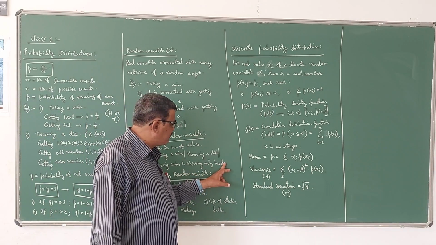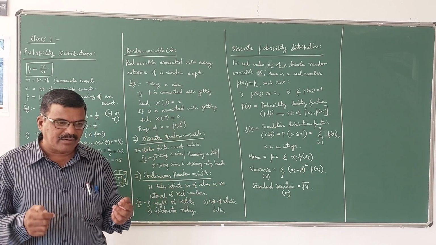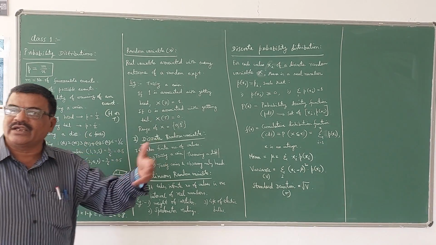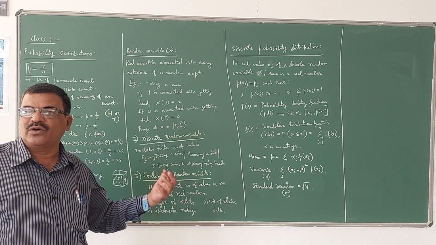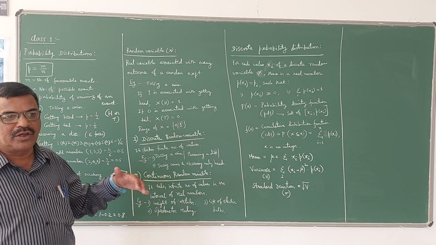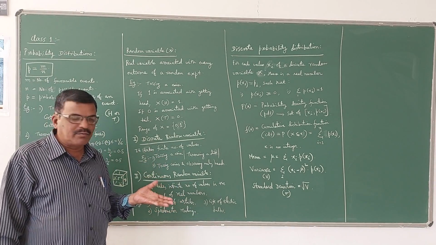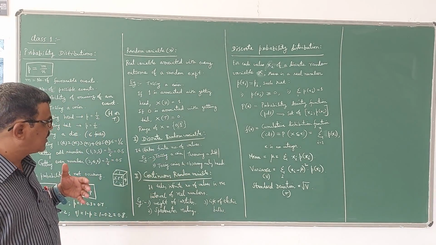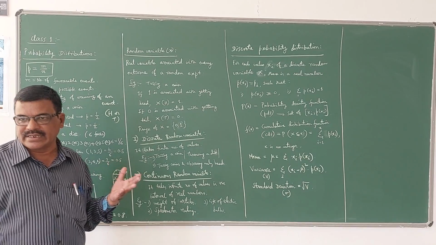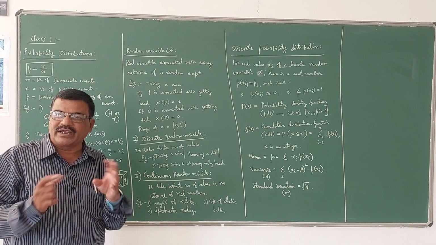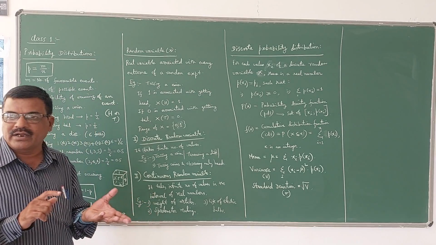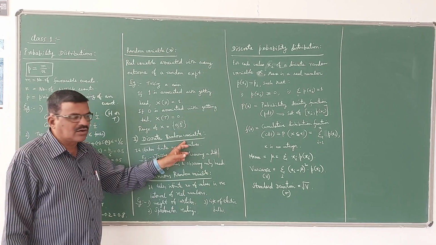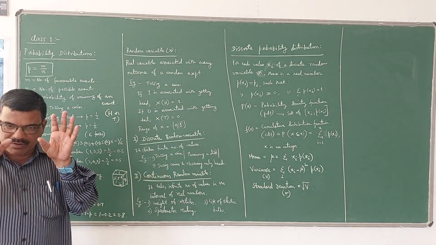Suppose for the same thing, if you are tossing 2 coins or 3 coins and observing all the coins getting head only, that is also restricted. If you are doing 50 experiments, the number of experiments is restricted. Out of 50 experiments, if you are getting 20 heads, both are finite. 50 is a finite, countable number. 20 is also a countable number. Then such variables are called discrete. Discrete means it can be counted. It is finite.